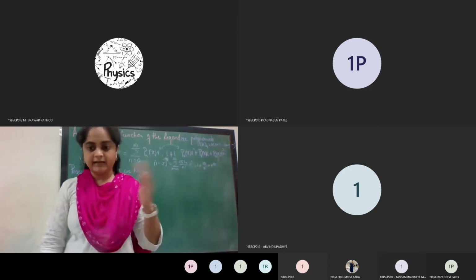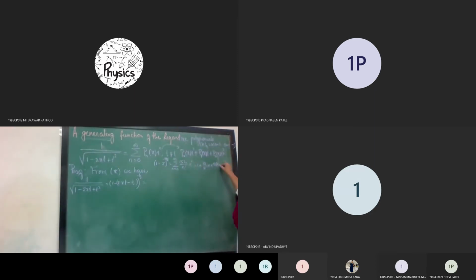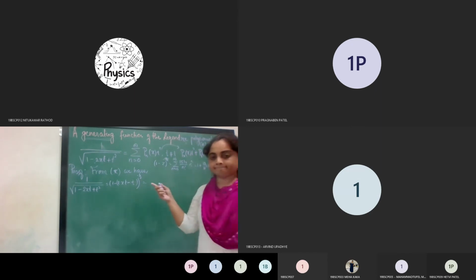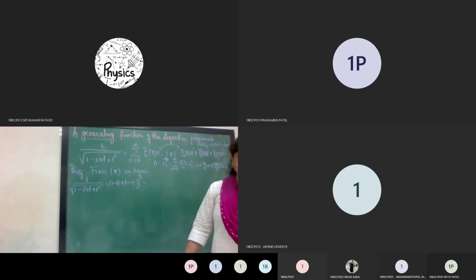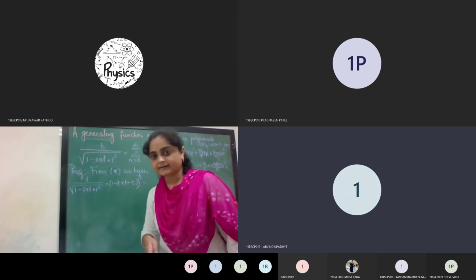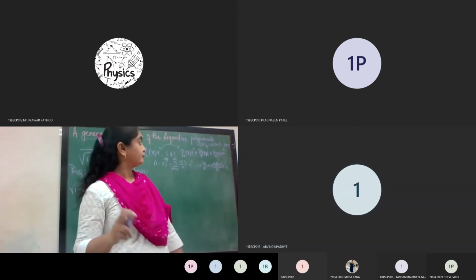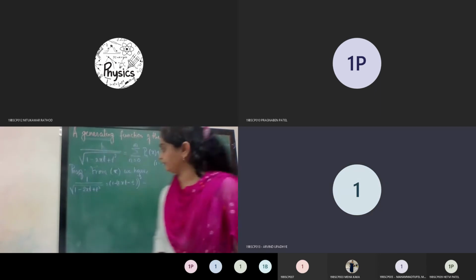So here I will write a times a plus 1 upon 2 factorial z square, plus the next term: a times a plus 1 times a plus 2, z raised to 3 upon 3 factorial. In that way it will continue.